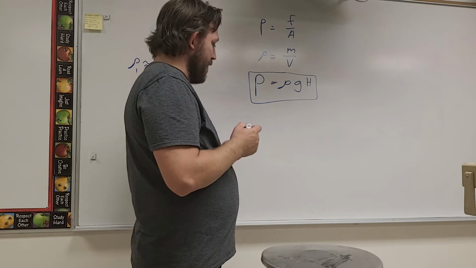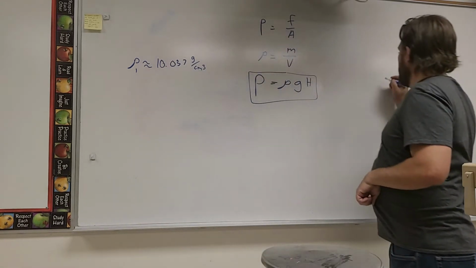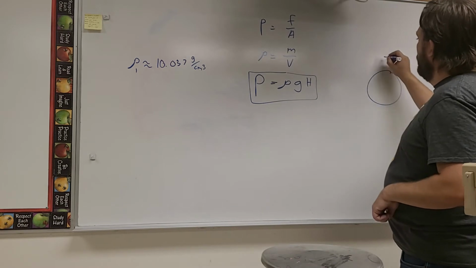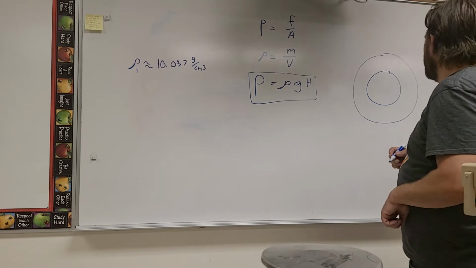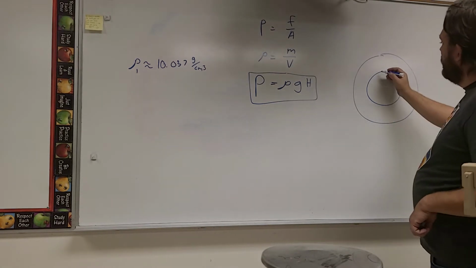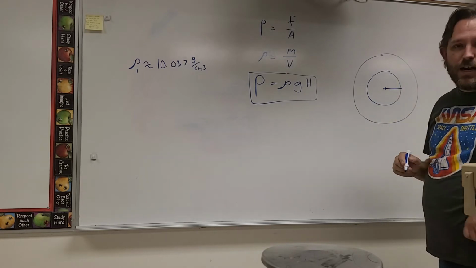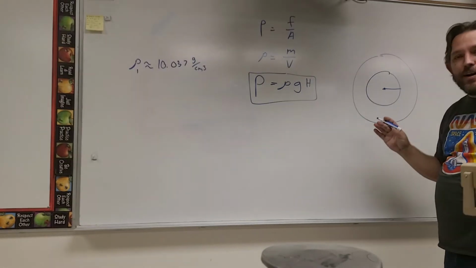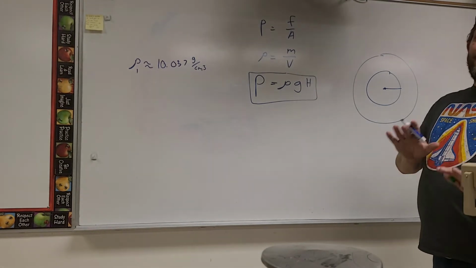So let's say we're on Earth in the atmosphere. Here's Earth. This is actually one of the questions I gave you in your homework assignment. It says, if I give you the radius of the Earth, you find the surface area. It gives you the formula for the surface area of a sphere. It's not the volume of a sphere, and not the area of a circle. It's a different formula.